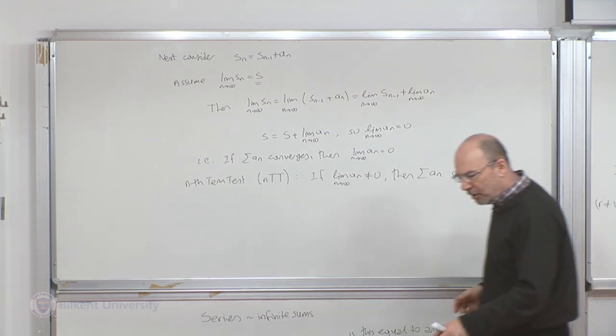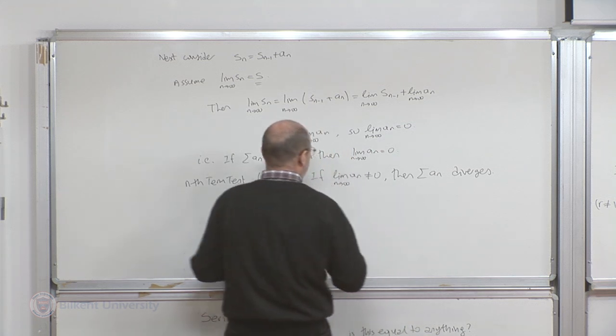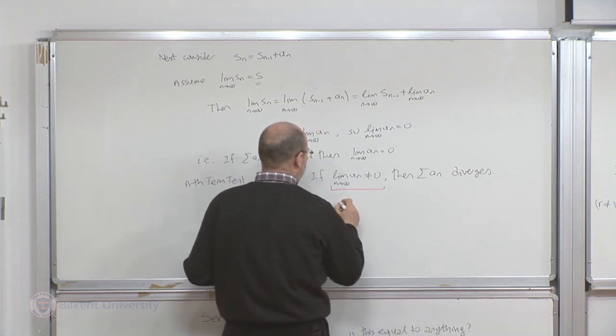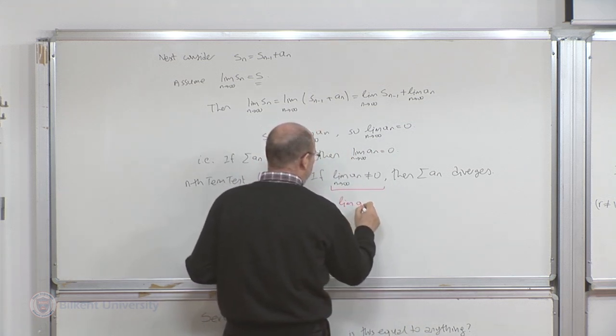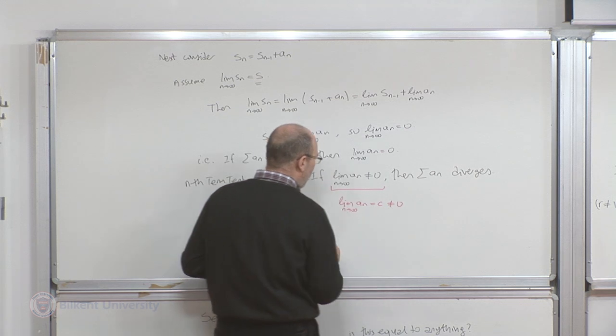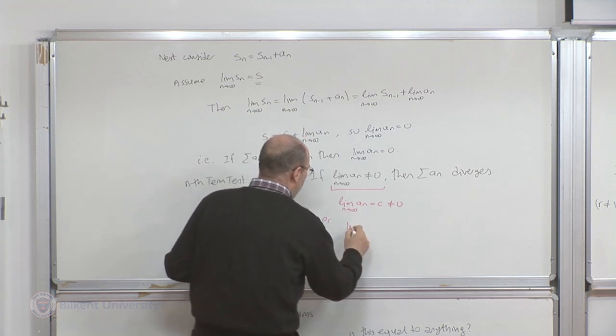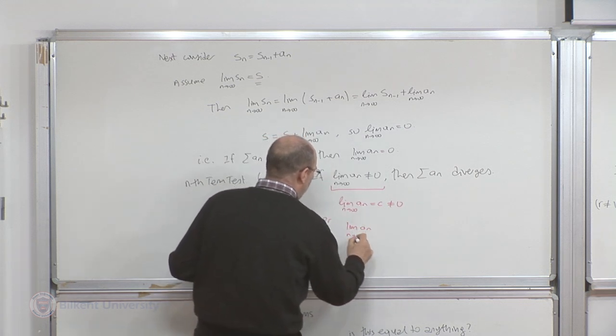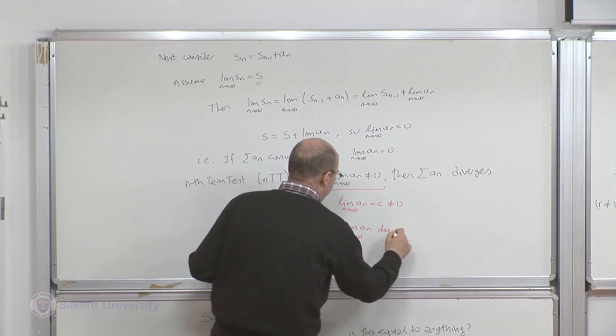Another note: what does this mean? It means the limit of an as n goes to infinity is equal to a number, but this number is not 0, or the limit of an as n goes to infinity does not exist.